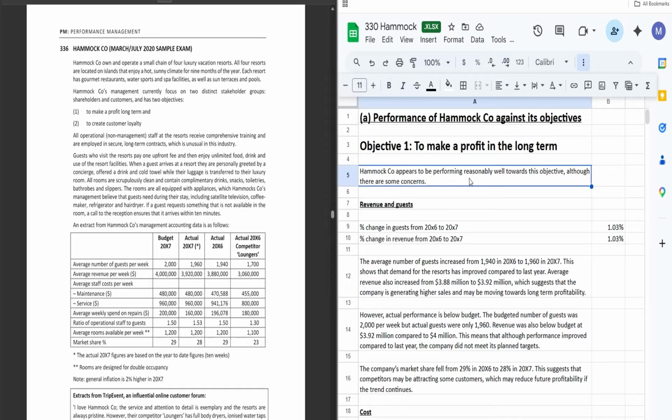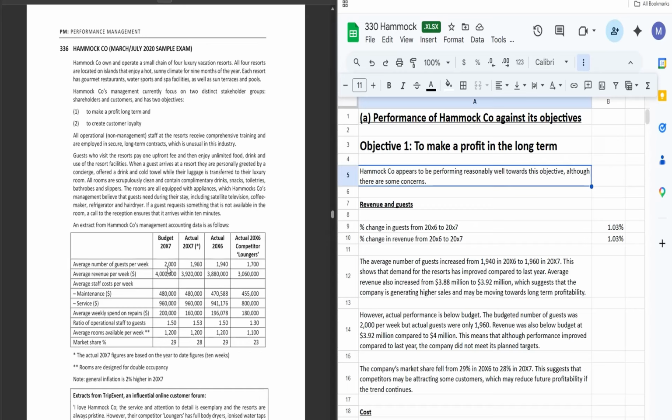Hammock company appears to be performing reasonably well toward this objective, although there are some concerns. I have just scanned the figures and discussed them earlier as well. If you compare the budgeted and actual figures of 2007, we haven't achieved the target that has been provided by the company to their employees.